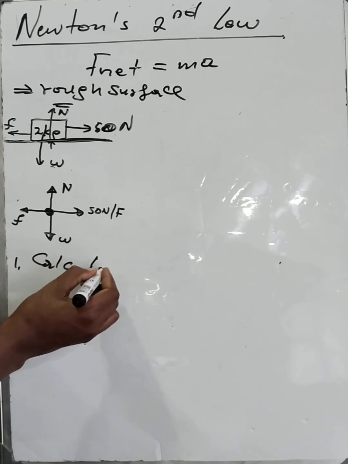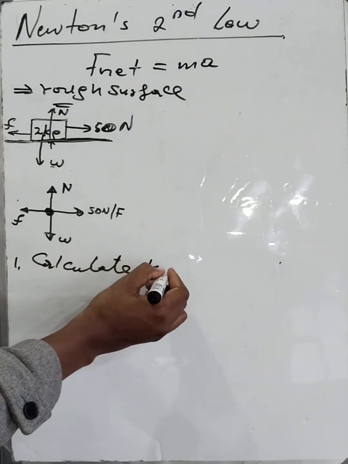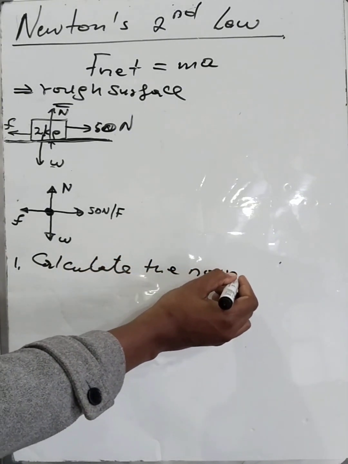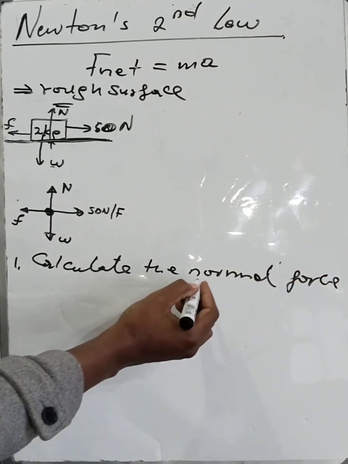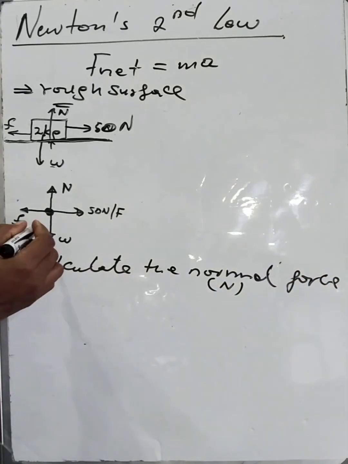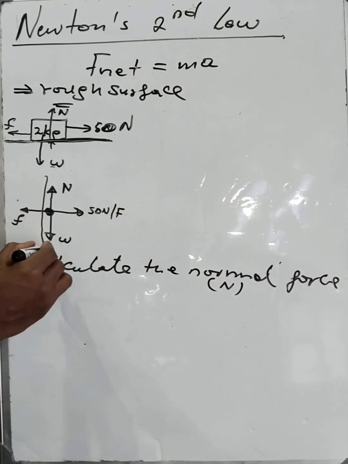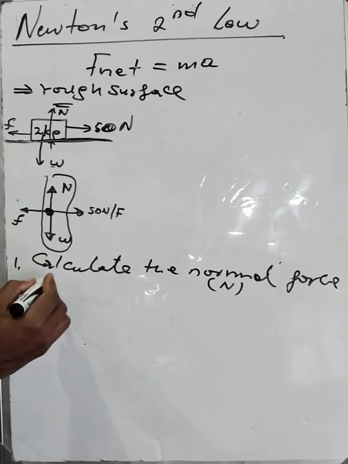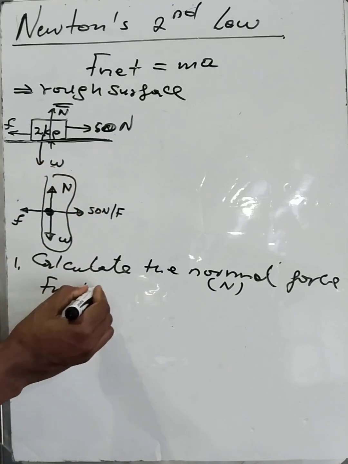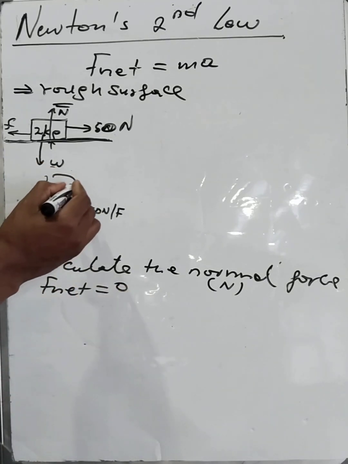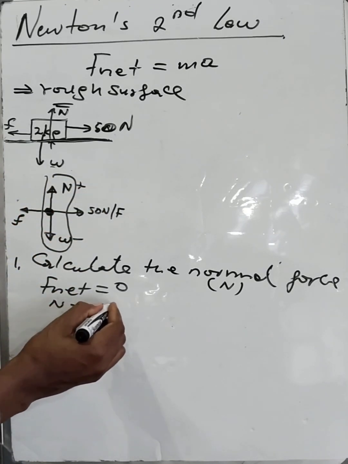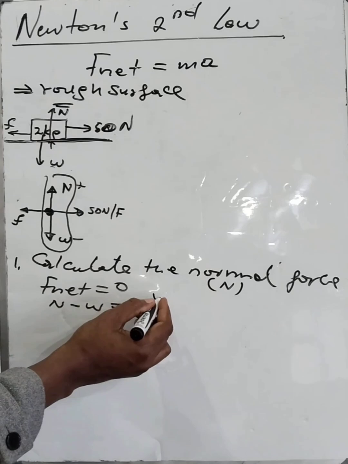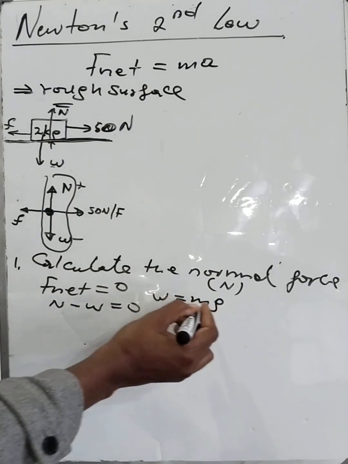Calculate the normal force. Right? So we're going to focus on the vertical forces. F net is equal to 0. So this one is positive, this one is negative. Normal force minus the weight is equal to 0. Then the weight, I said, is equal to mg.